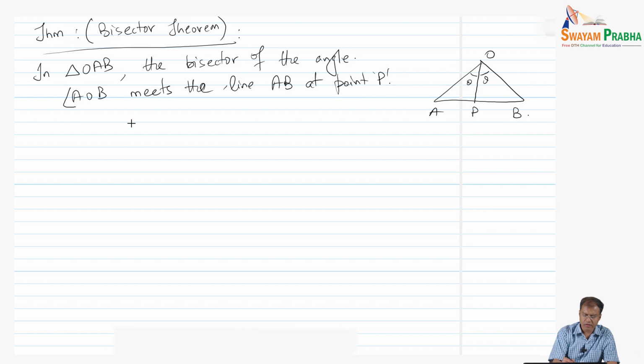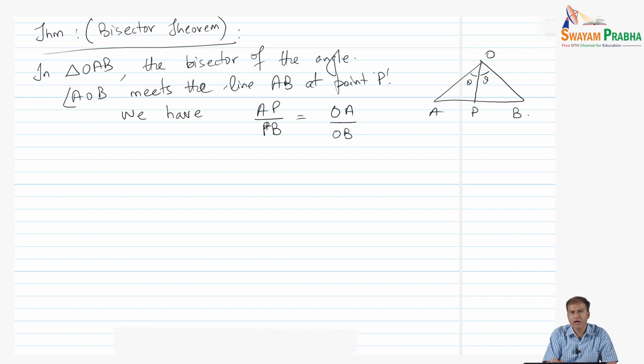So the result says that the ratio AP over PB is the same as OA over OB. When I'm talking about these quantities AP, PB, I'm not putting any lines on top of them, which means I'm talking about the magnitude of these vectors.